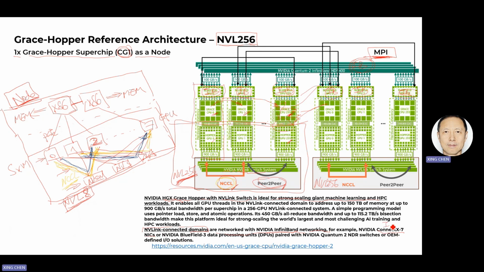So we use InfiniBand as the example. NVLink domains are networked with NVIDIA InfiniBand networking. That is talking about this communication between NVLink domains. But we need to have a look at this NVLink domain.